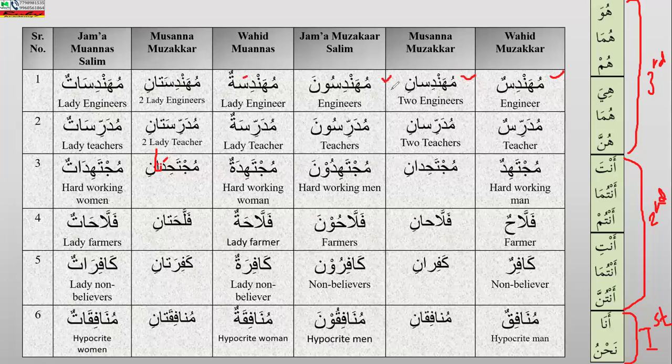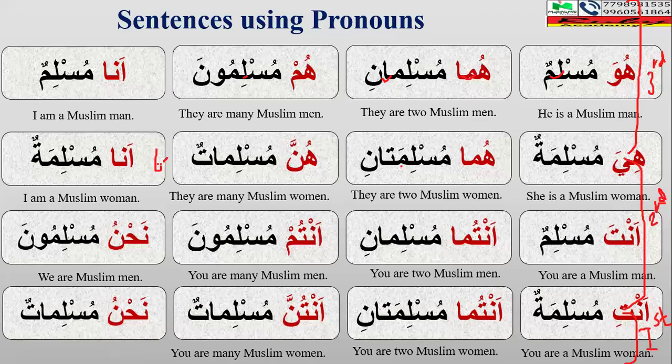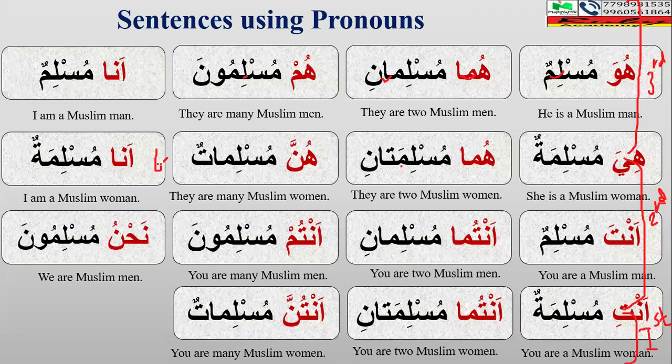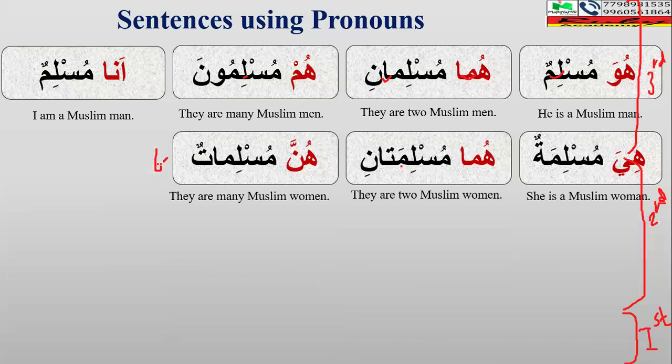Okay, jazakallah khair, sister. You can refer to this one and you will understand. Here I have made the sentence using Muslimun, which was in the previous slide. Can you see here? We use nahnu for both here. I think I haven't mentioned a separate dual nahnu because we use it for both, so no need for this. But I have mentioned it clearly in the table as well.